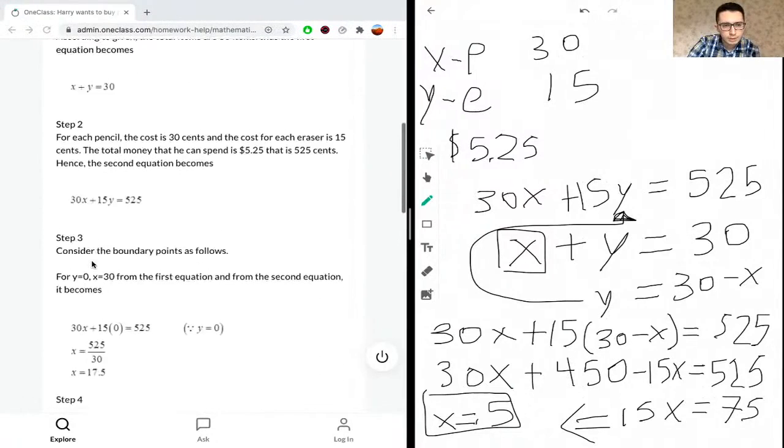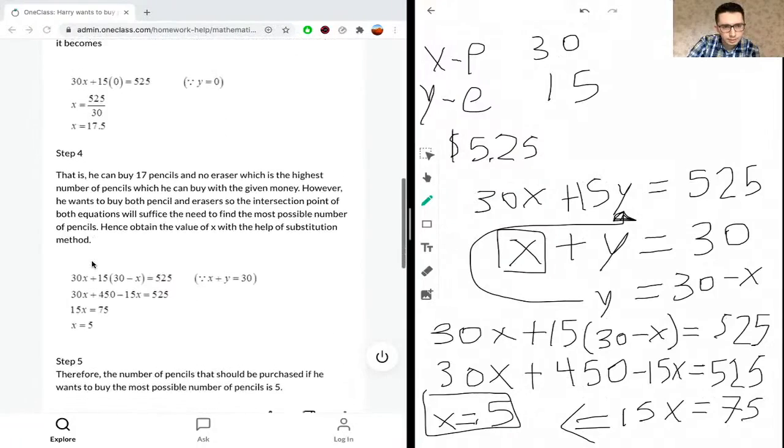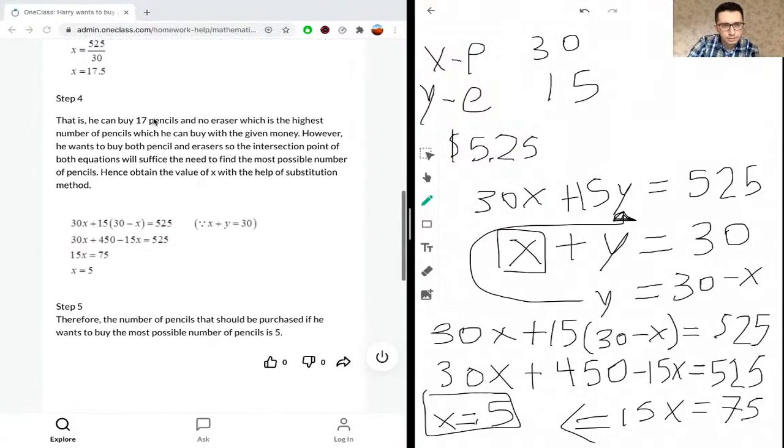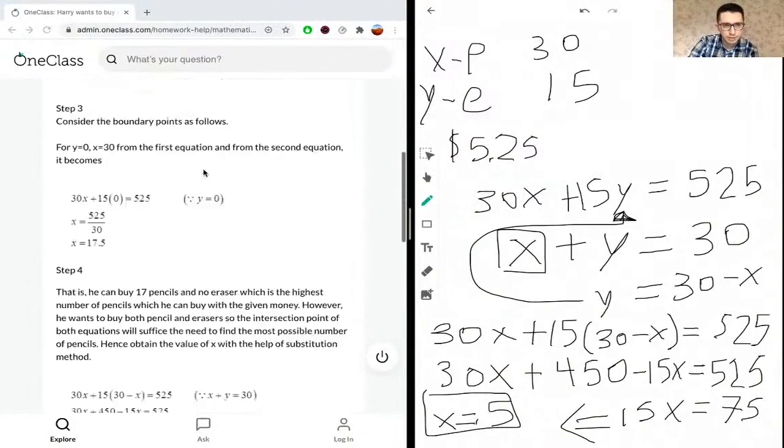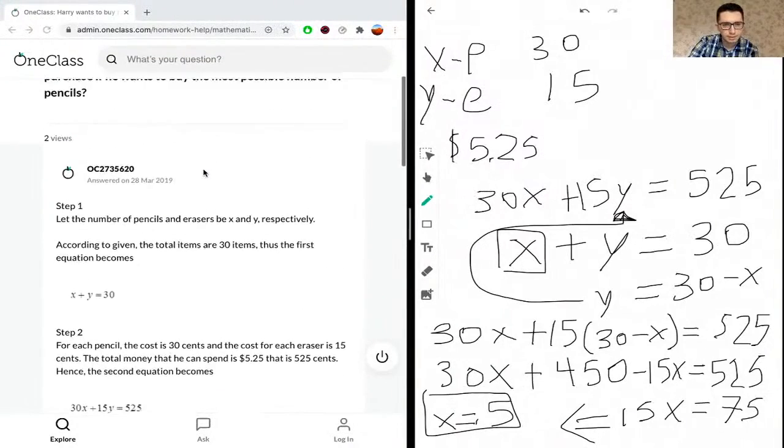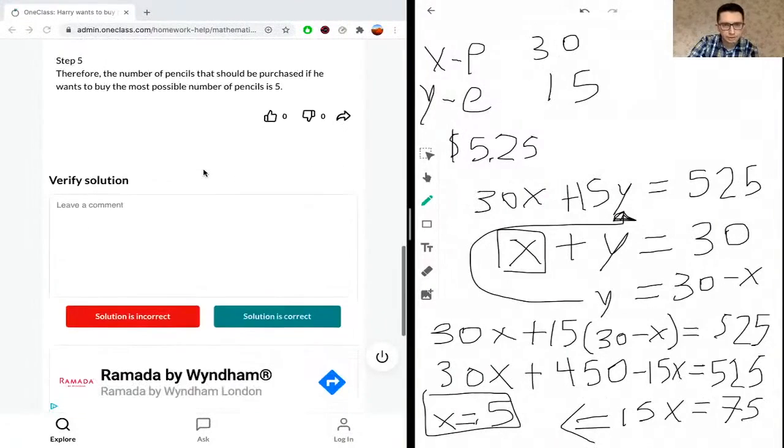So it seems like let's look at this a little further. So here they substitute in the equation correctly and they get 5. So they kind of did some additional steps that are unnecessary, but they got the right answer at the end. So the solution is correct.